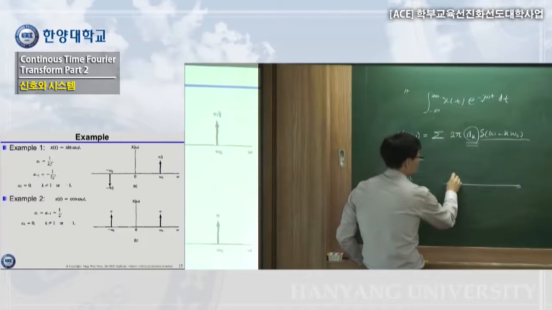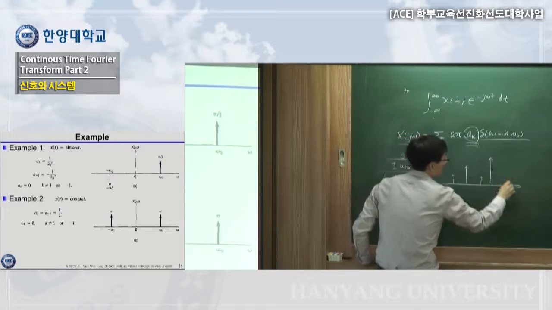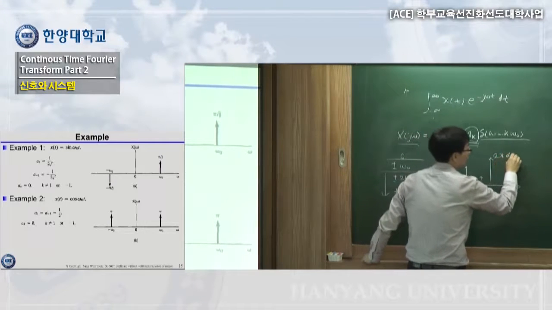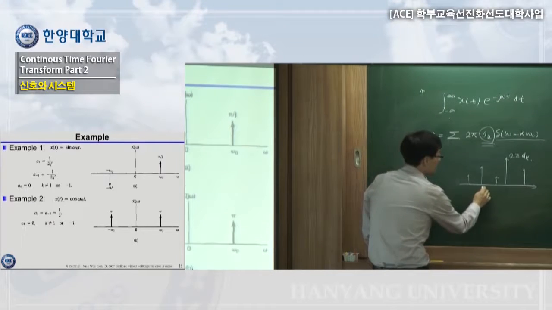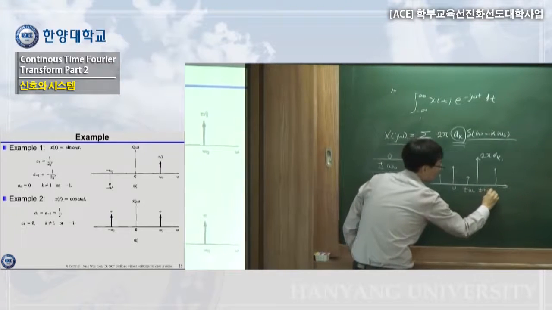They can be represented as a sum of impulses having different amplitudes, where the amplitude is 2 pi a_k. So there will be DC, plus and minus omega 0, plus and minus 2 omega 0, and so on.